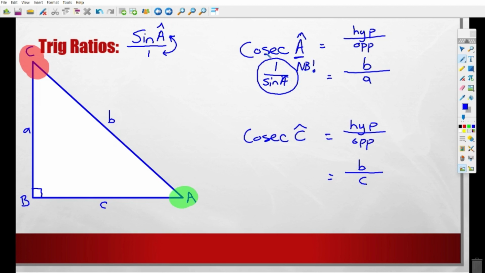So instead of writing cosec, I can write 1 over sine of A, because cosec is the reciprocal of sine.